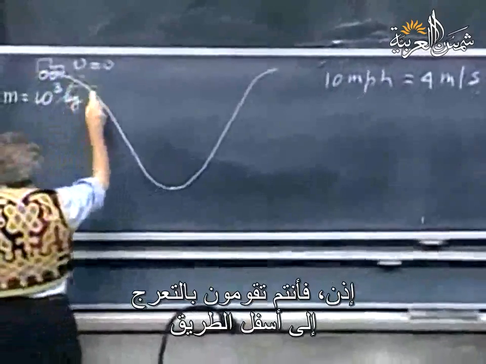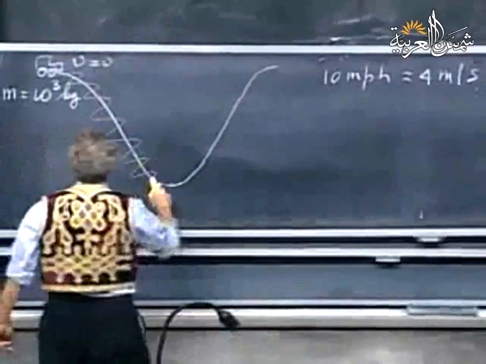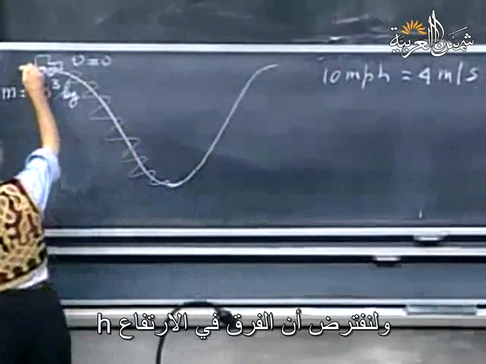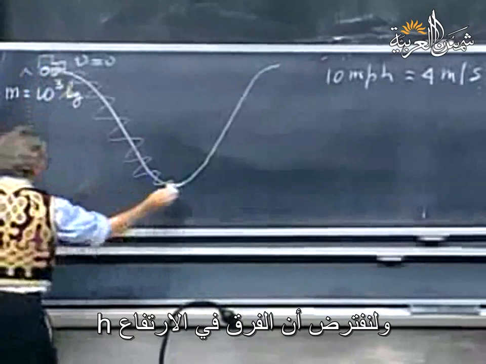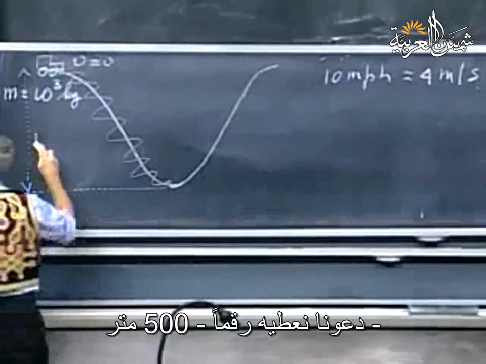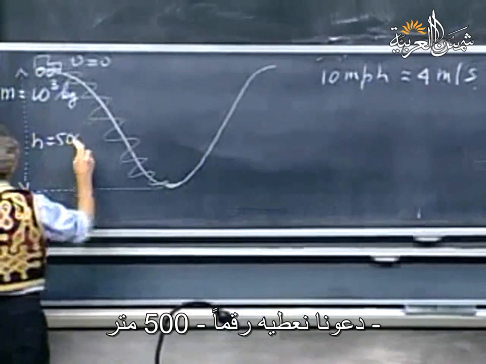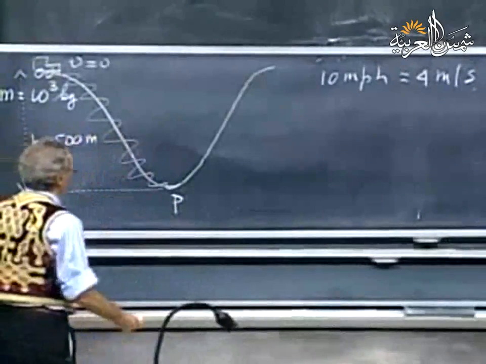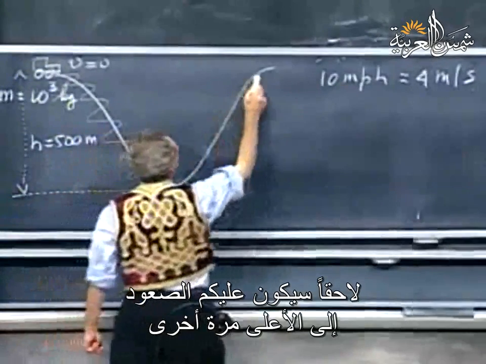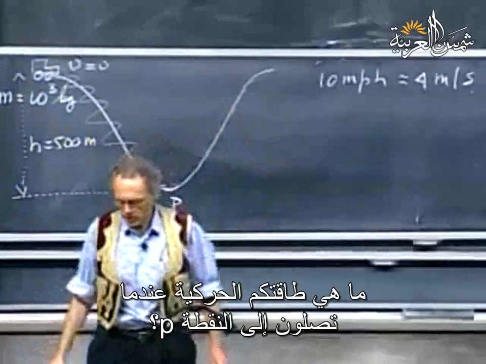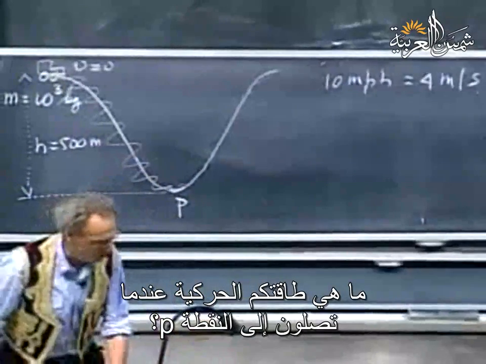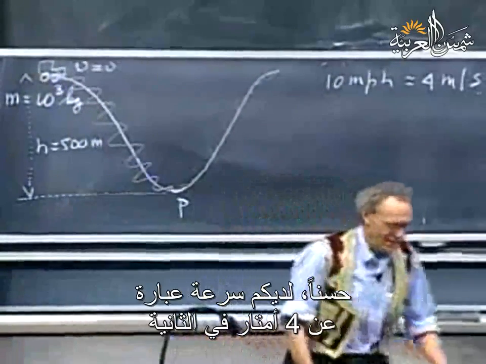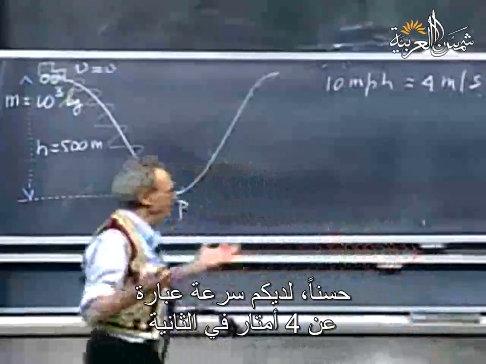And so you zigzag down this road. Let us assume that the height difference, h, let's give it a number, is 500 meters. And you arrive here at point P, and you later have to go back up again. What is your kinetic energy when you reach point P? Well, you have a speed of 4 meters per second.